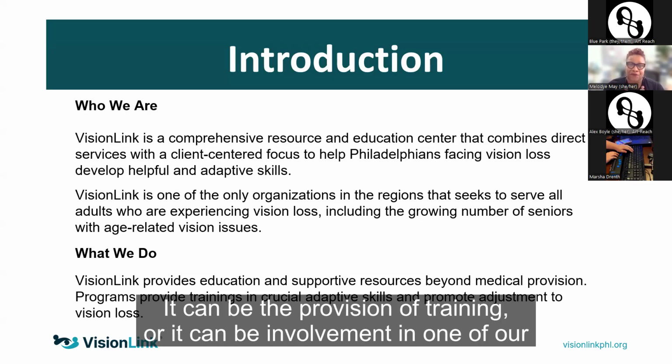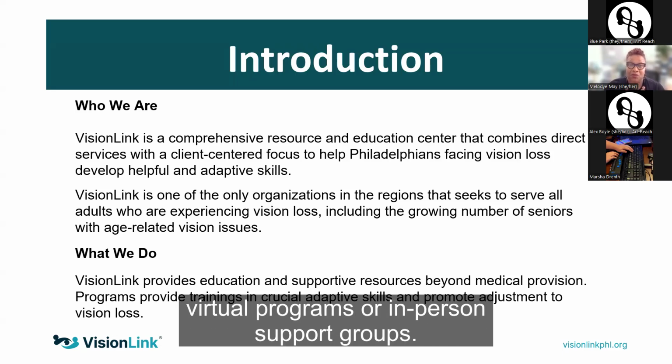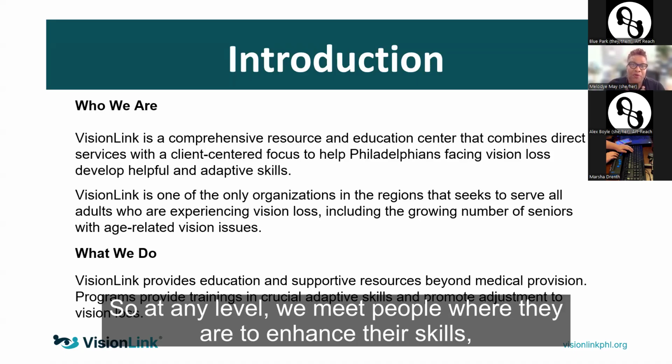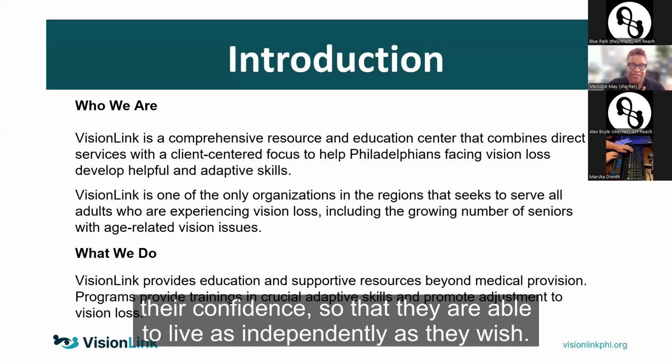It can be the provision of training, or it can be involvement in one of our virtual programs or in-person support groups. So at any level, we meet people where they are to enhance their skills, their confidence, so that they are able to live as independently as they wish.